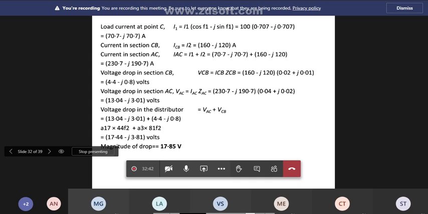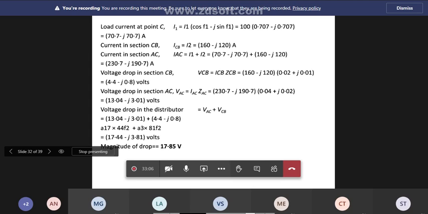Now currents in the sections. The current in section CB is the same as I2, so CB or I2 both are the same. Already you have calculated 160 minus j 120. The current in section AC, IAC is equal to I1 plus I2, that is 70.7 minus j 70.7 plus 160 minus j 120.